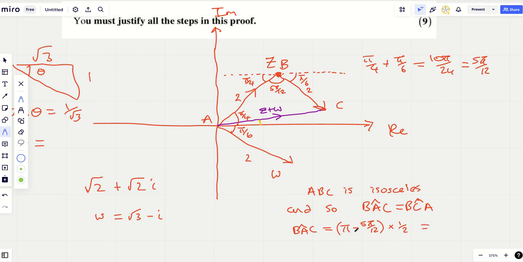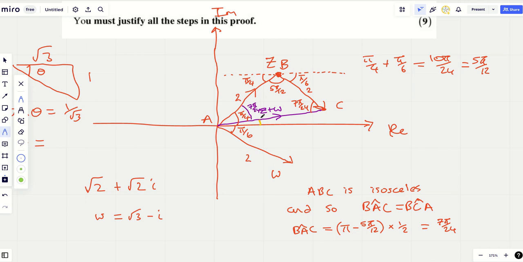And that's going to give us pi minus 7 pi over 12, 5 pi over 12, halve it, you're going to get 5 pi over 24. That's this angle here, 5 pi over 24. But it's also this angle from here to here. Let's do it in a different colour. From there just down to there is 5 pi over 24.